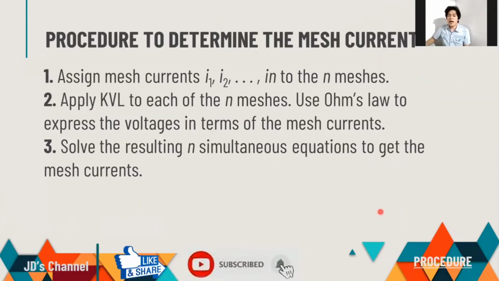Secondly, apply KVL to each of the n meshes. Use Ohm's law to express the voltage in terms of the mesh currents. And lastly, solve the resulting n simultaneous equations to get mesh current. So ito na po yung ating procedure, and let's proceed sa ating problem.